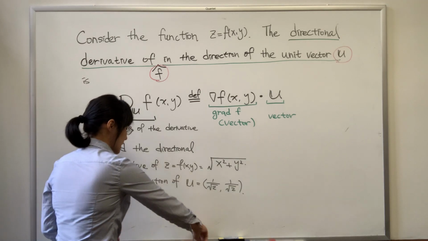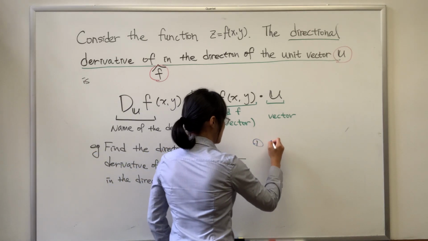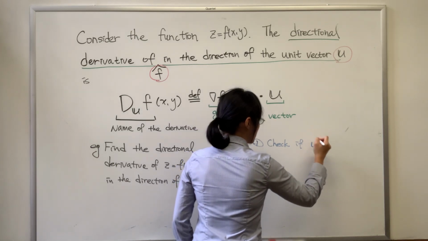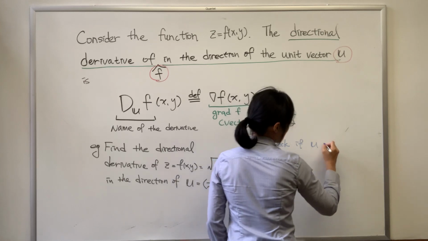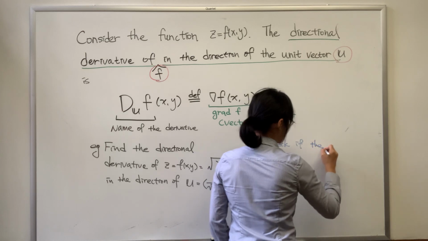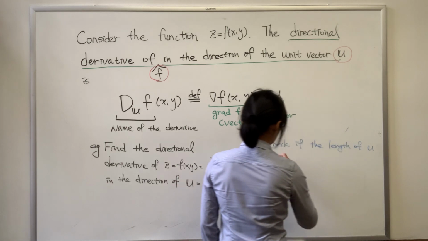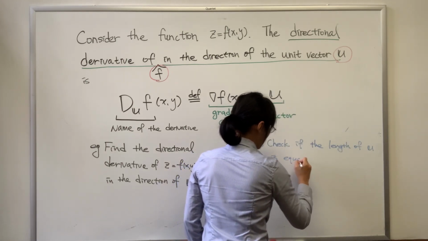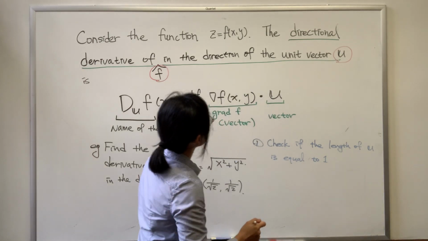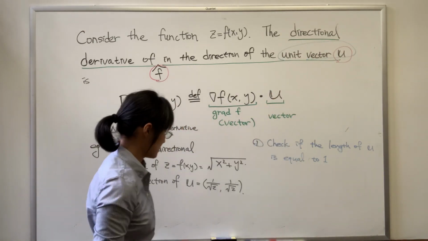So I'm going to first check if the length of u is equal to 1, because remember, we need a unit vector in our formula.